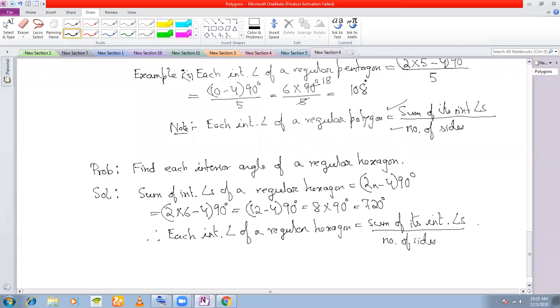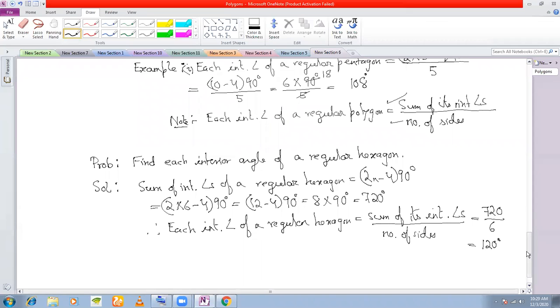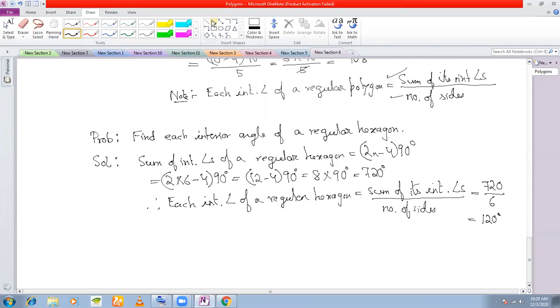And we have just calculated above, what is the sum of the interior angles? 720. How many sides? 6. So what is the value of each interior angle? 120 degrees.